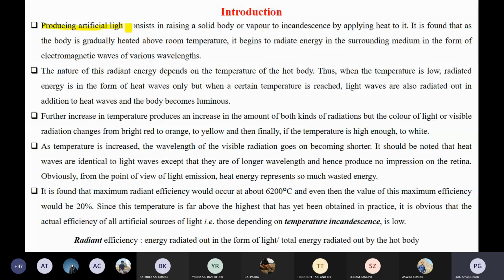The nature of this radiant energy depends on the temperature of the hot body. In my last class, the last module, I discussed infrared radiations. Hot spots are developed in an insulator if there is an uneven distribution of heat energy, and that may cause infrared radiations.